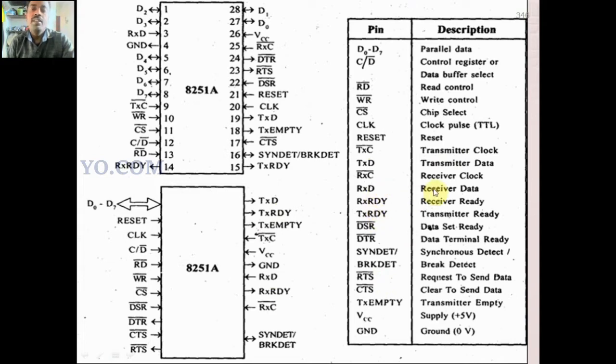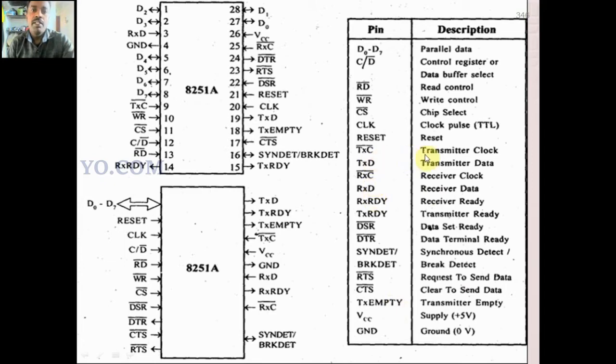So these are the data lines. Then TXEMPTY means transmitter buffer empty. TXC means transmitter clock.